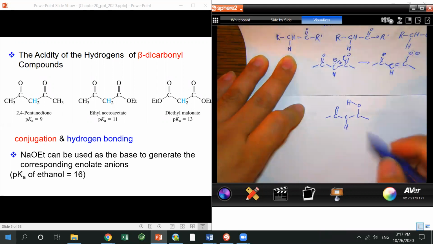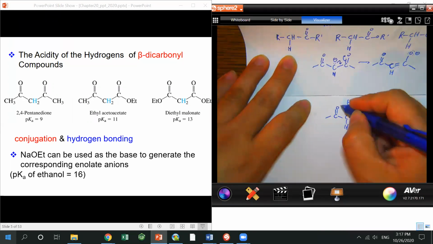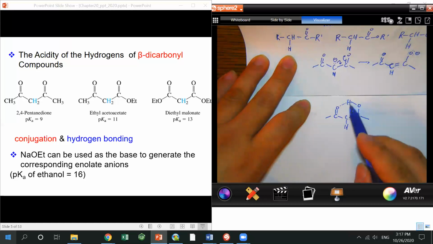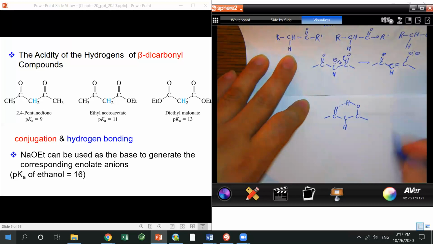So this is the enol form of this beta-dicarbonyl compound. You can build up hydrogen bonding between this terminal alcohol and the other carbonyl group, which makes the whole thing stable. Remember I said six-membered rings are always quite stable. Because of conjugation, with a double bond between these two, and because of the hydrogen bond, it is pretty stable.